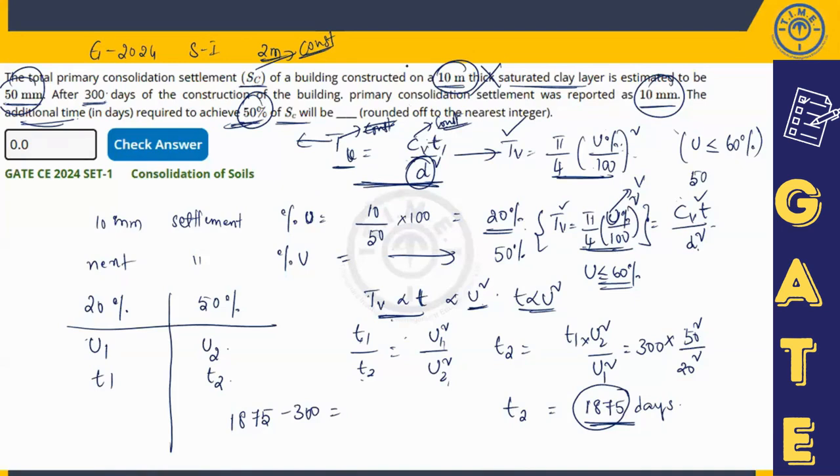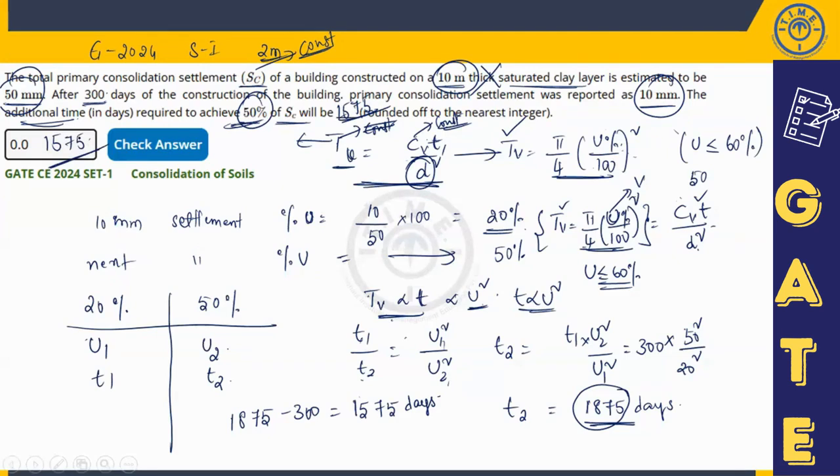What is the answer? Because he is not asking simply for the time, he asked us for the additional time. So 1875 minus this 300, that is 1575 days. So the answer will be 1575 days.